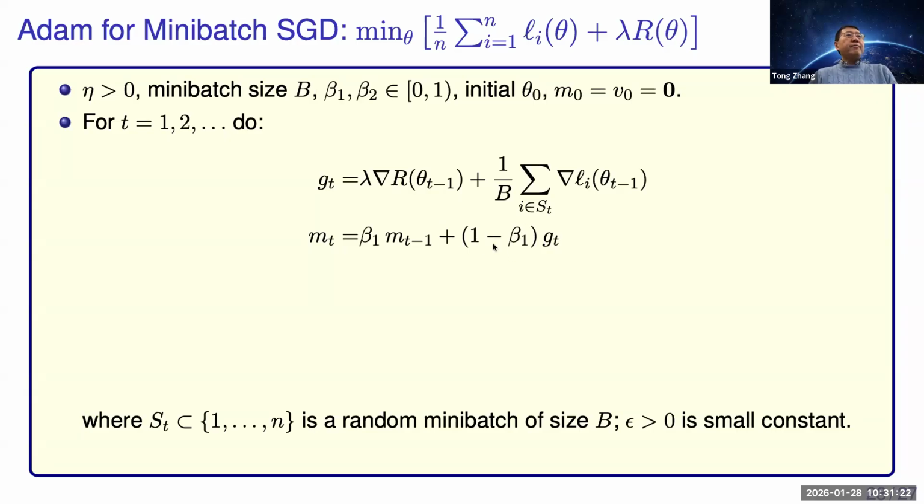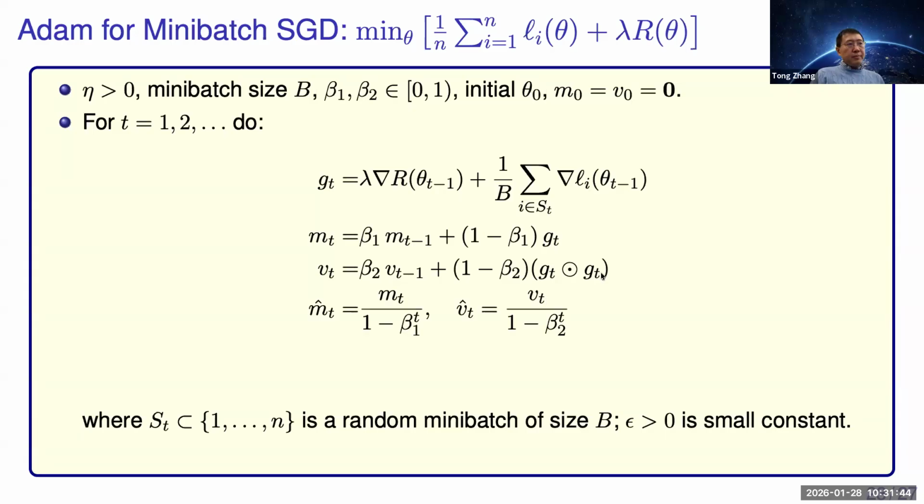And then there's this one, which is called V. Originally we called both G, but now it should be called V. V is of the gradient G. This one is the moving average of the square.